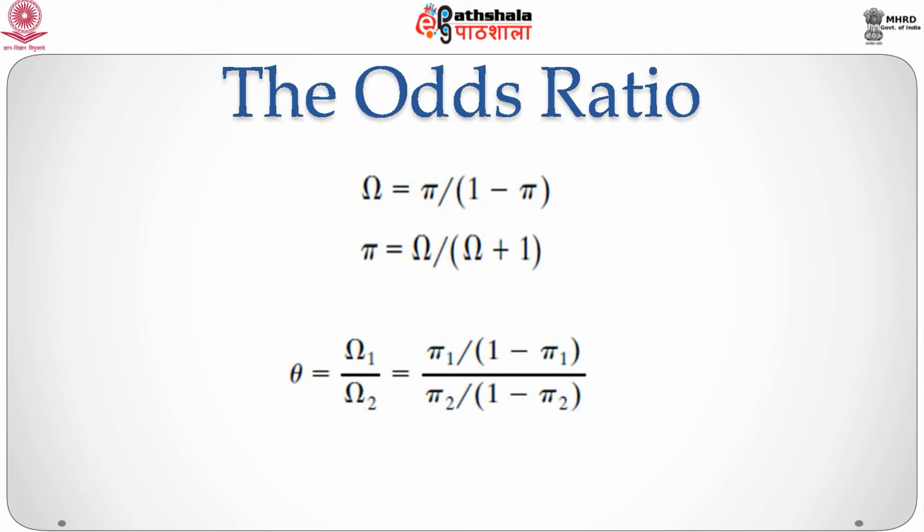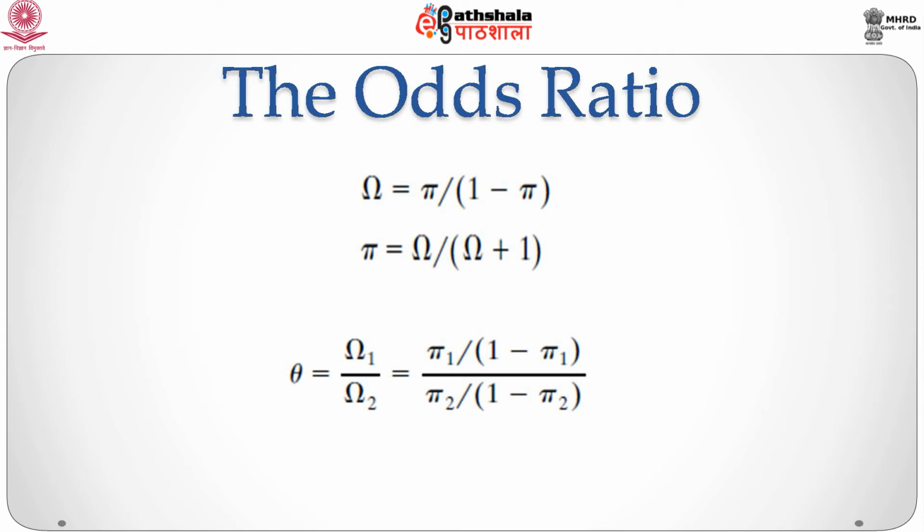So omega equal to pi over 1 minus pi, where pi is the probability of occurrence of the event, is called the odds of the event. So for example, if pi is equal to half, then omega is 1. Or I can say that there is a 50-50 chance of the event occurring or not occurring. Of course, given omega, I can always recalculate pi as pi equal to omega over omega plus 1, and thus the two have a one-to-one relationship.